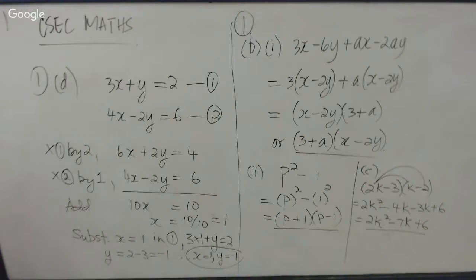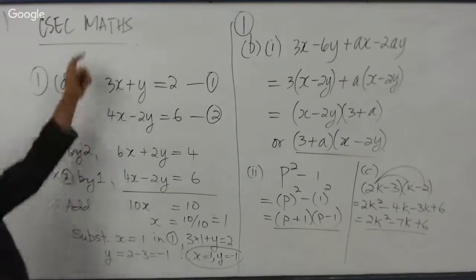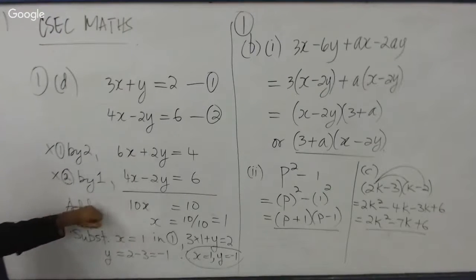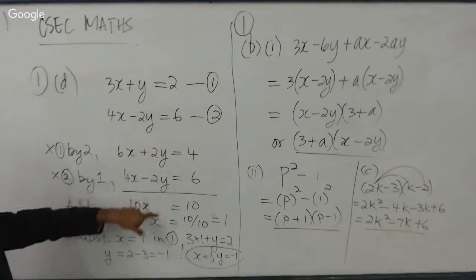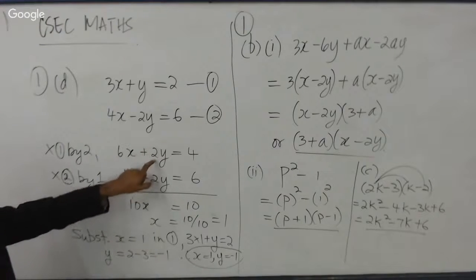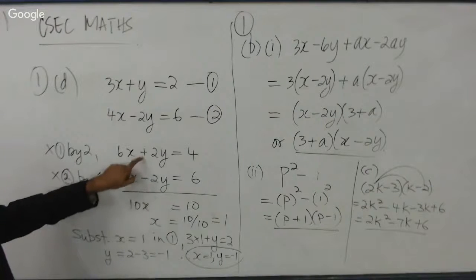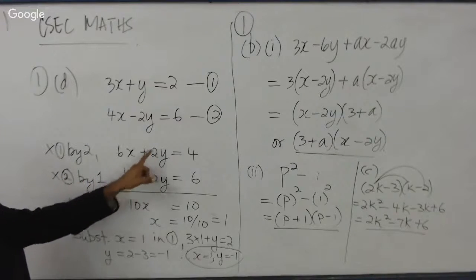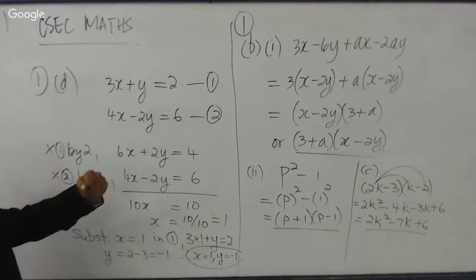Yes, question. When you eliminate, do you look at the sign, the plus or minus? Yeah, the question is, how do you know whether we add or subtract? You look at what you're eliminating. What you're eliminating in this case is y, and since the signs are different, you add. When the signs are different for what you're eliminating, you add equations.